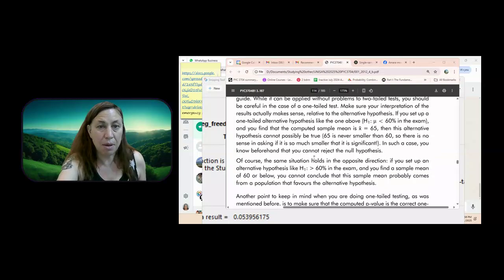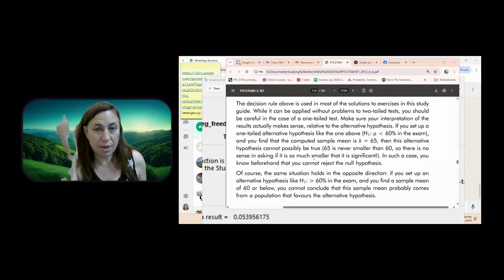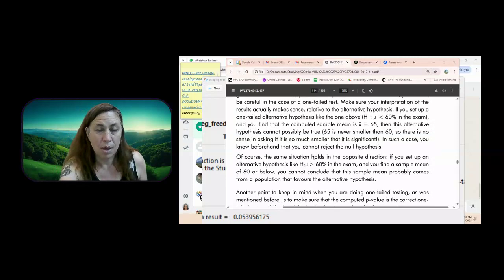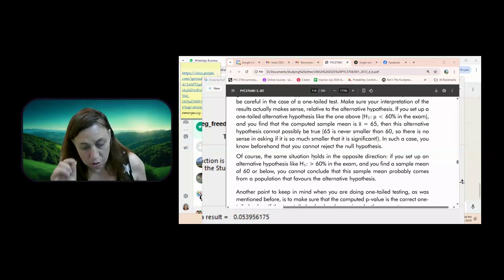Now, there's another issue. Say we do our thing and we find, oh, our very anxious students are also our stars. They have averaged 65. Our computed sample mean is 65. So then our alternative hypothesis cannot be true. Okay, it can't possibly be true. It cannot be smaller than 60.